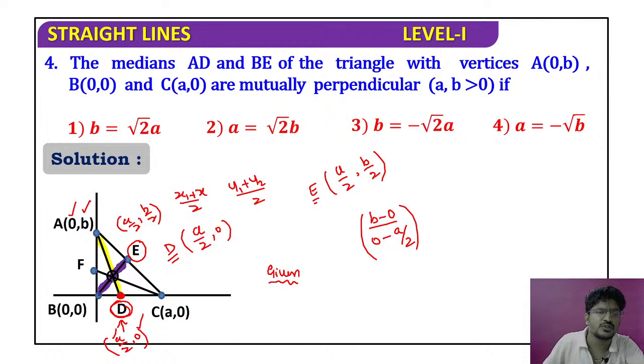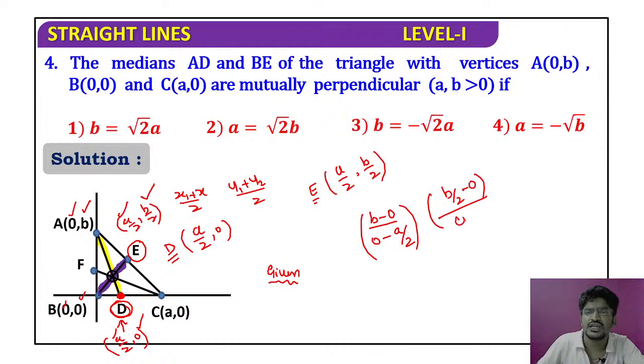In the same way, slope of BE: y2 minus y1, b by 2 minus 0 divided by a by 2 minus 0. Okay, this is equal to -1. Clear? Now this equation we have to solve. If we solve this equation, we will get our answer.